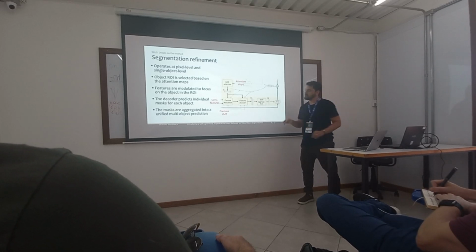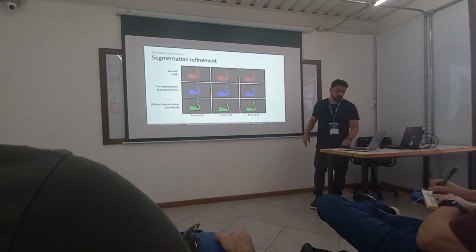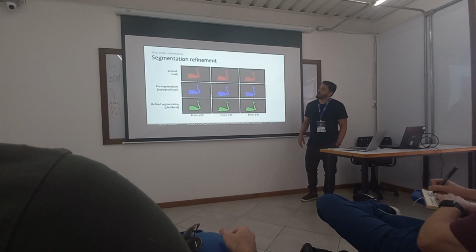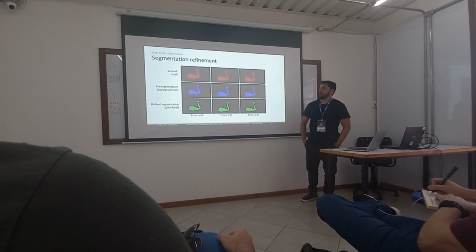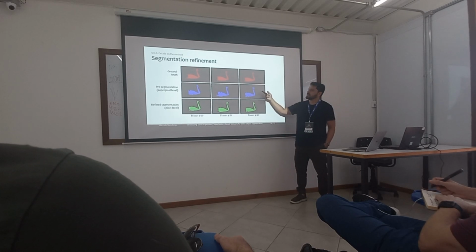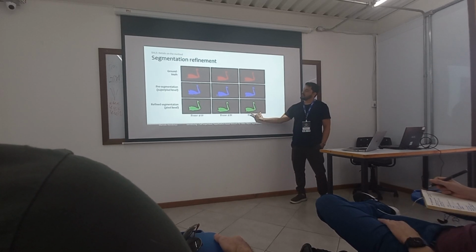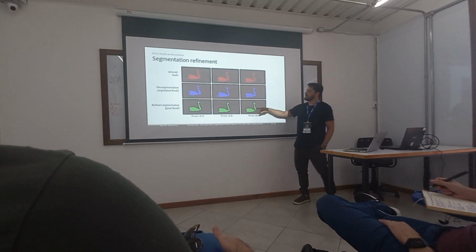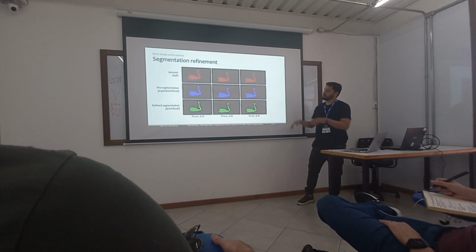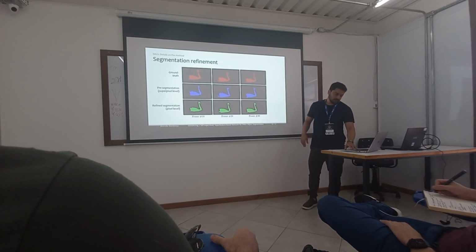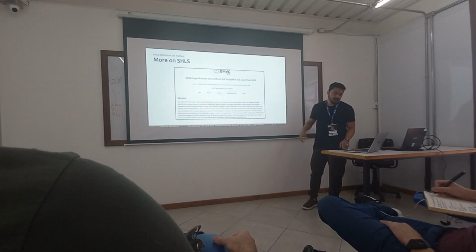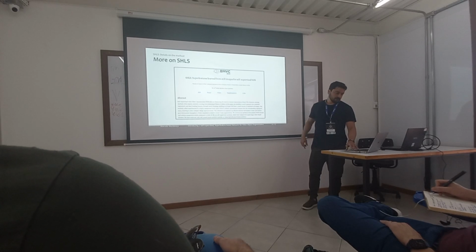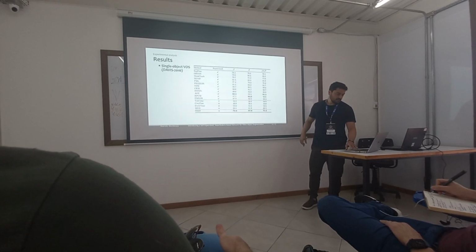We can recover in this refinement model. Here are the effects of this refinement model, the pre-segmentation at the superpixel level. Here, the pixel level refinement segmentation, where you can see the boundaries of the object are much smoother. Some errors are corrected. More on this method in our paper from last year.